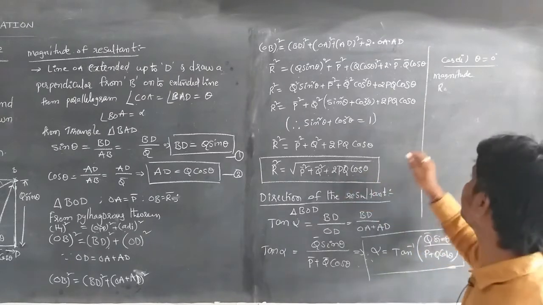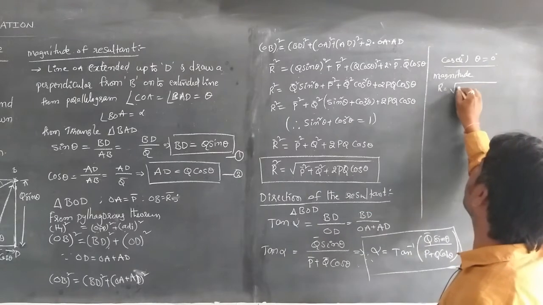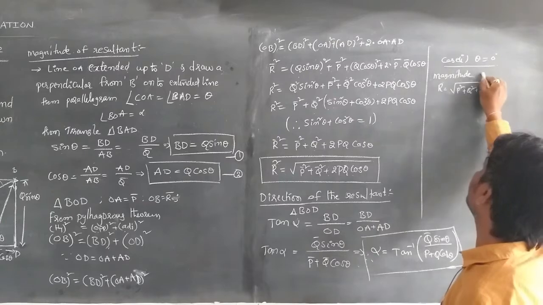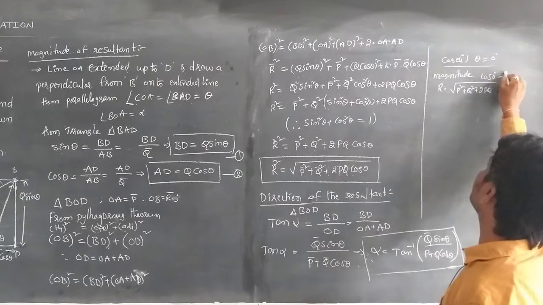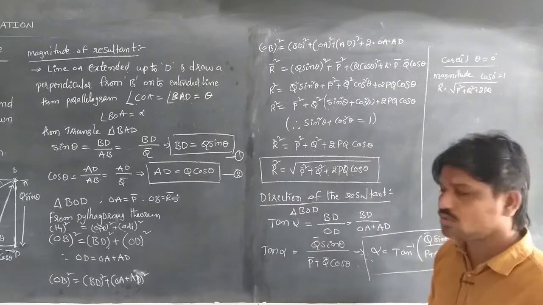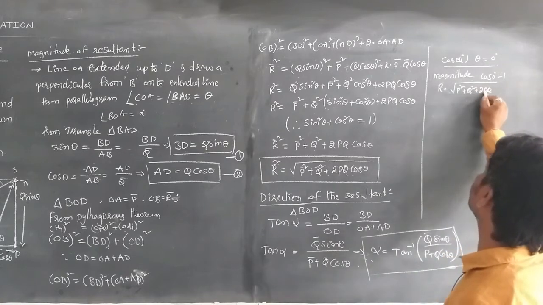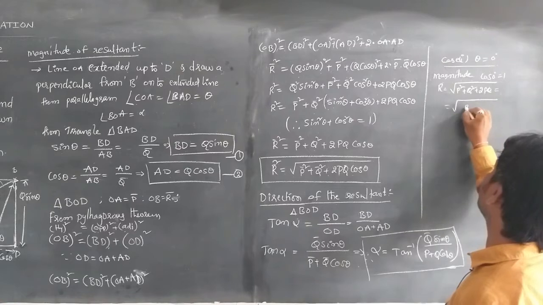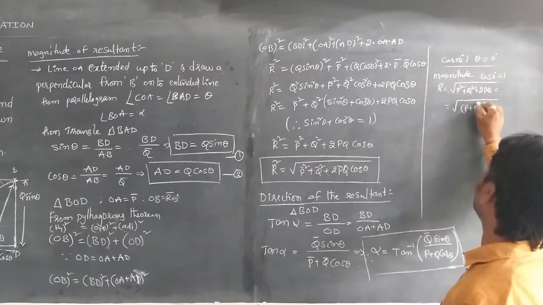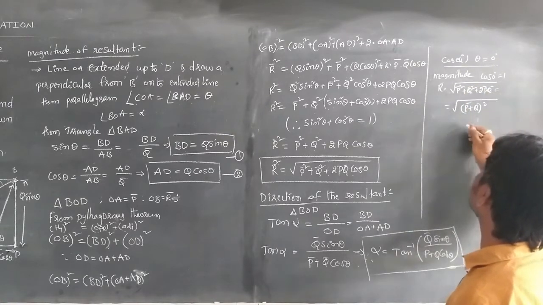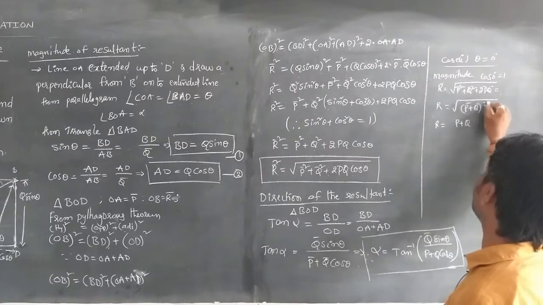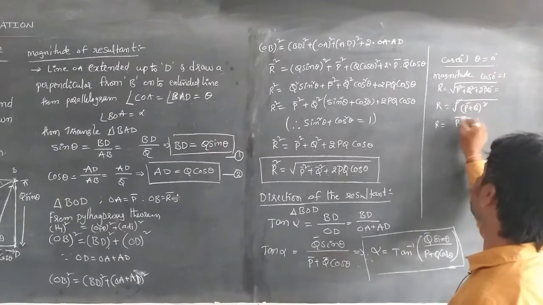So from that equation we get root of P square plus Q square plus 2PQ, because cos 0 degrees is equal to 1. From the (A plus B) whole square formula, we get root of (P plus Q) whole square. By cancelling the square and root, we get R is equal to P plus Q.